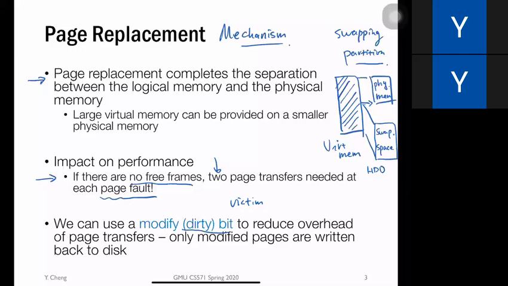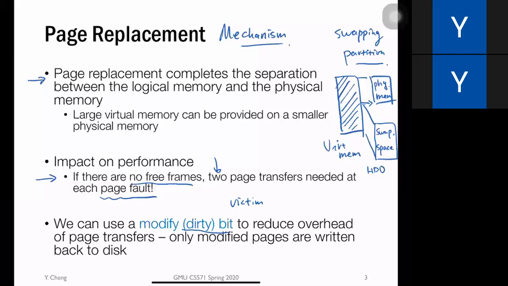This is on if the data has already been modified. But on the other hand, if the data hasn't been updated, meaning the dirty bit is 0, even if the page has been picked by the operating system as a victim to be evicted out, the optimization works in a way that you don't have to write the data out, because the state is already consistent and there's not any update made to this particular page.